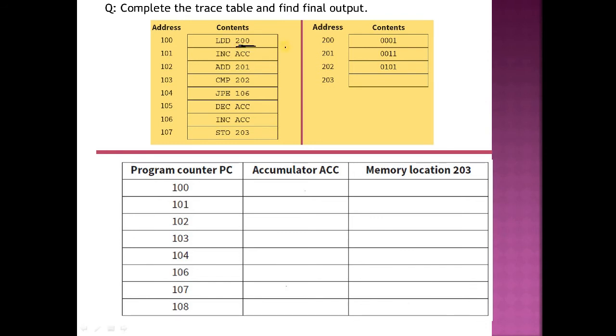So at this position, we have data 0001 and this will be loaded here, right? Then increase accumulator, make increment in accumulator. The value of accumulator will be increased and this will become 2 because this is binary value, right? It will become 2.